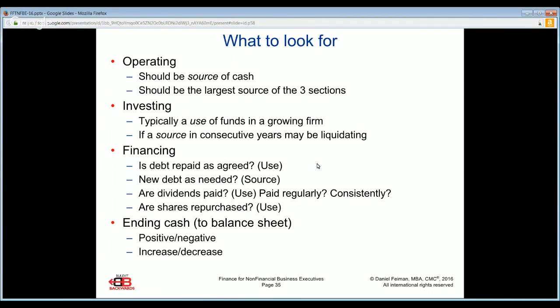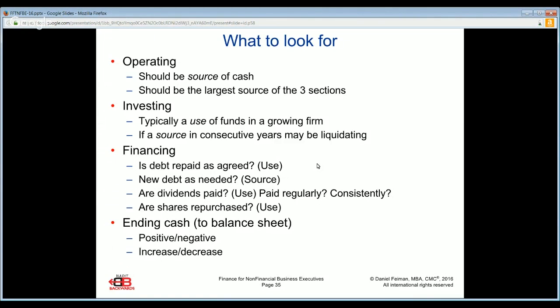If you see an organization where the investing section of the cash flow is a source of cash in consecutive periods, you may want to ask a question. Why are they liquidating their assets? Are they going out of business? Are they changing the business? What's going on? That's not the most common situation.